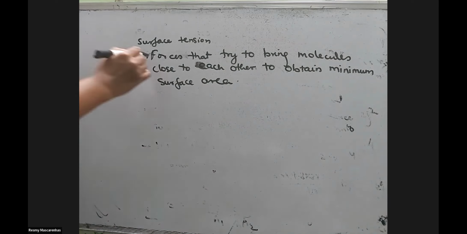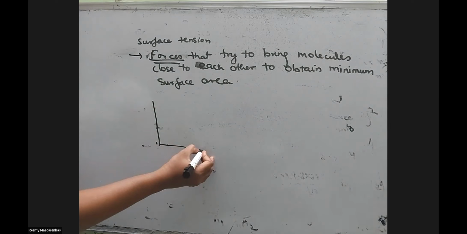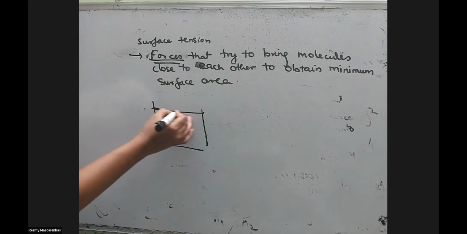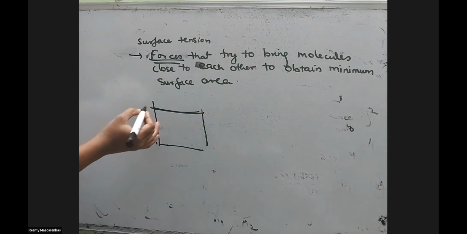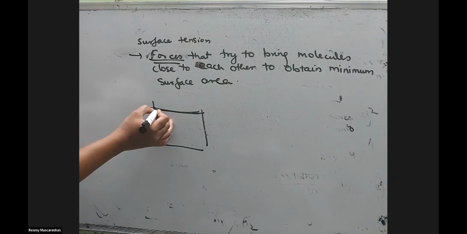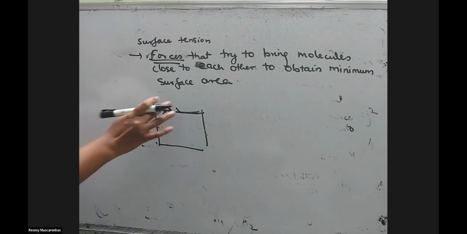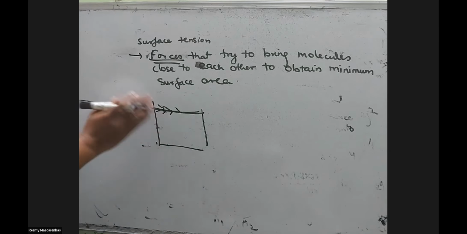So this force, definition wise, is the force per unit length. What they are trying to say is that there is an imaginary line drawn on the liquid, and there will be some forces acting across this line, perpendicular forces maybe.